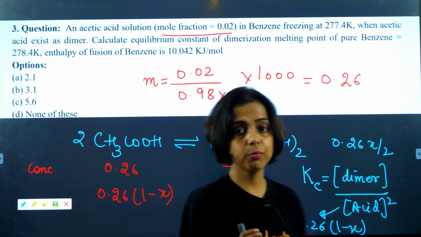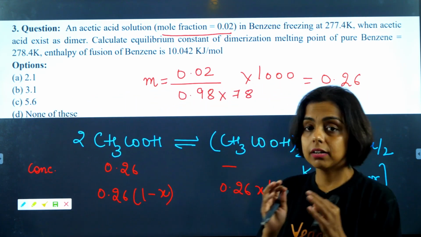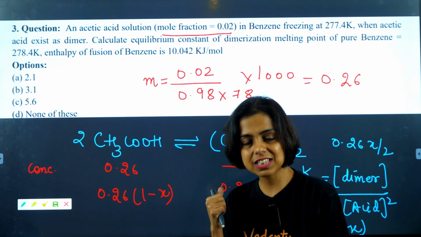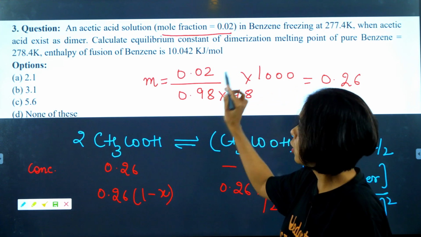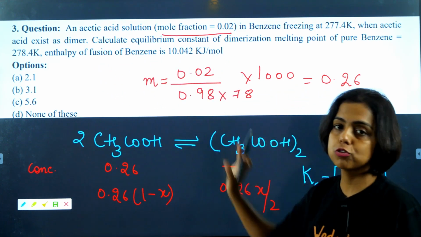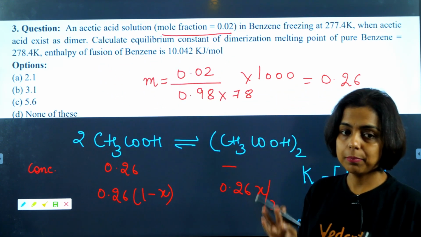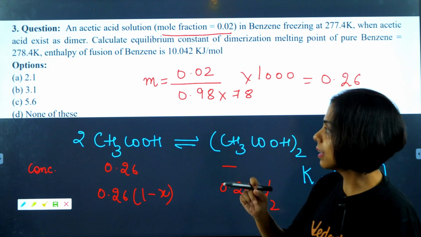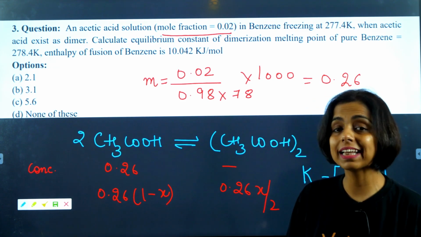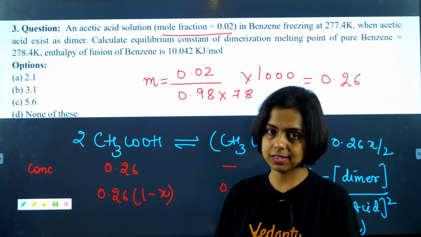This is the formula by which you can calculate Kf for benzene as a solvent, using this enthalpy of fusion data. The melting point is also given, so you can calculate Kf for benzene.